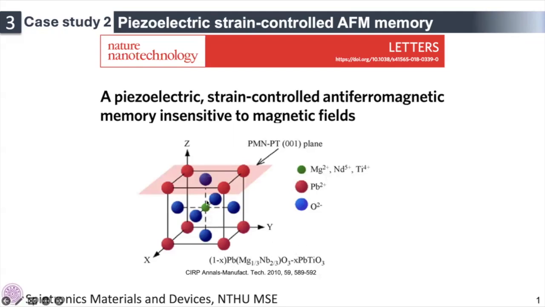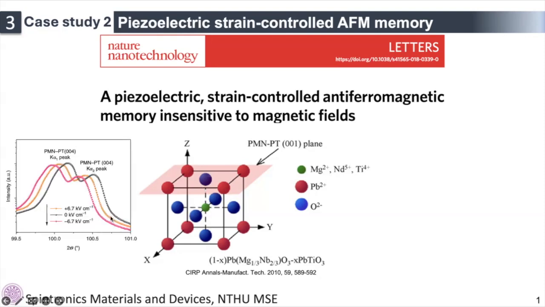It has a perovskite structure where the lead atoms are located at the A site, and magnesium, niobium, titanium occupy the body center B site. And oxygen atoms are located at the face center.